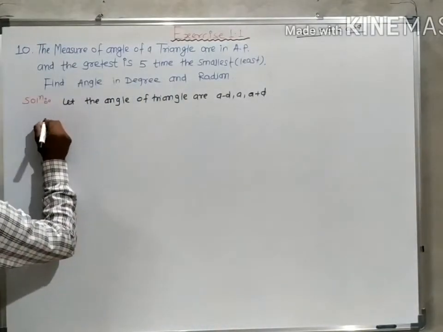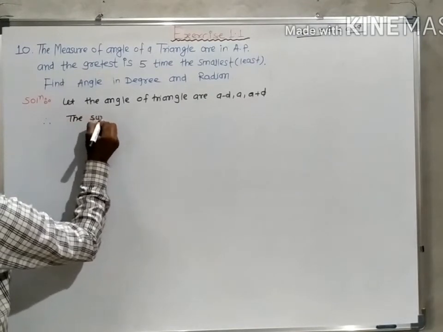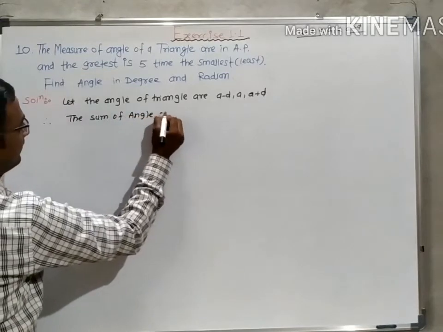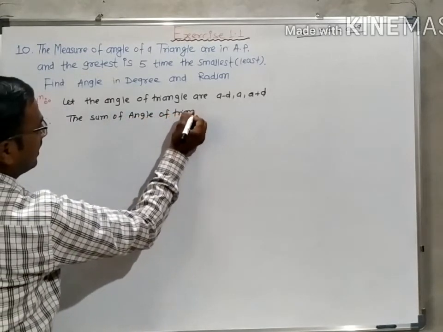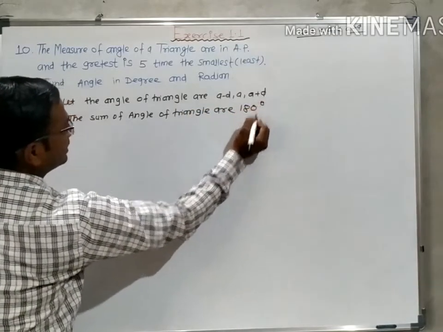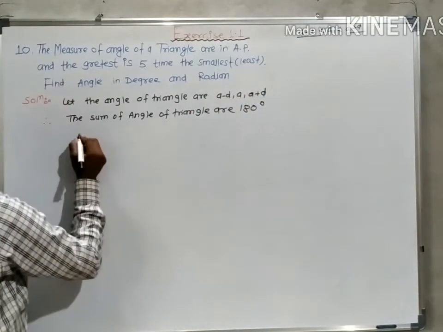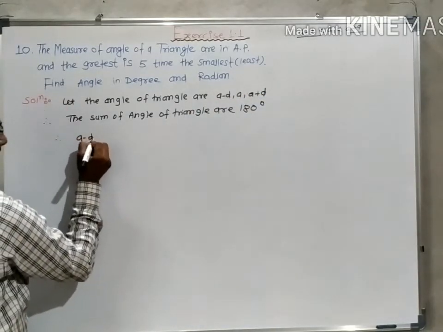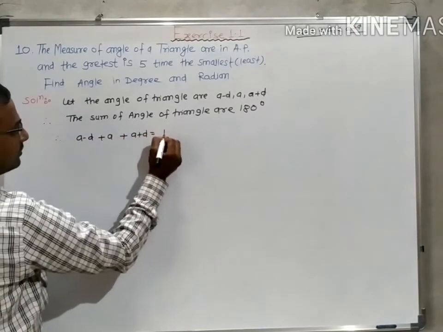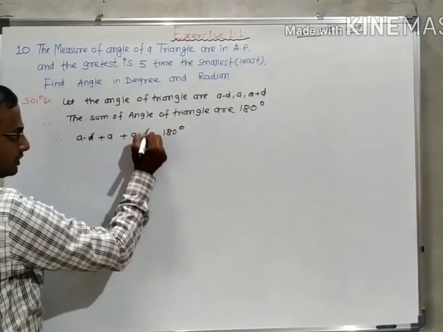Therefore, the sum of the angles of a triangle is 180 degree. The angles are A minus D, A and A plus D. So the sum of A minus D plus A plus A plus D is equal to 180 degree. The negative D and positive D get cancelled.